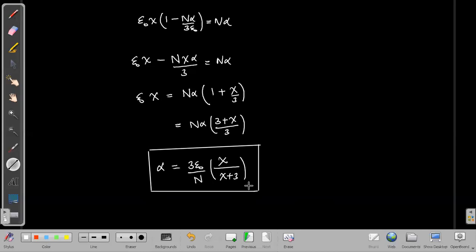Now I can connect chi to a macroscopic quantity, because the relation between the dielectric constant epsilon r and chi is that epsilon r is 1 plus chi, and it is also denoted by the symbol capital K. And therefore alpha can be written as 3 epsilon 0 by N, times K minus 1 over K plus 2.